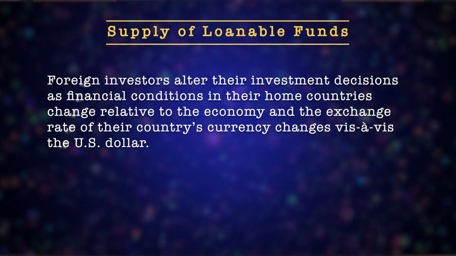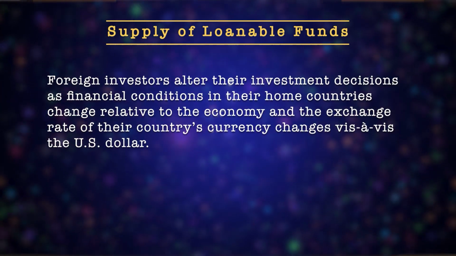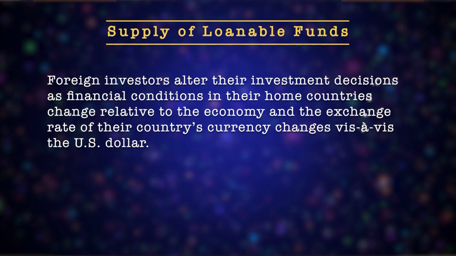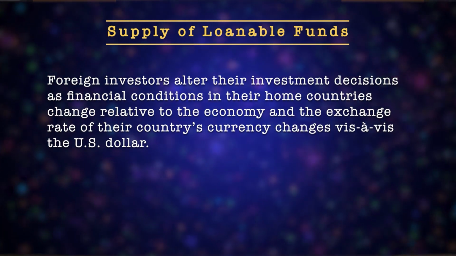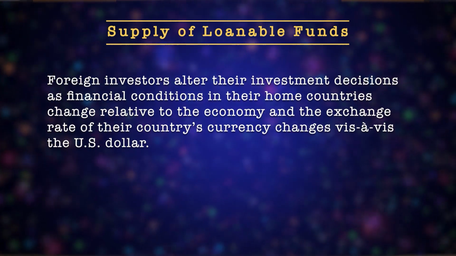So foreign investors alter the investment decisions in the home country and the exchange rate, and that is how the rupee changes in exchange for the US dollar. These fluctuations in the exchange rate are also captured by the foreign investors, and that is how the home countries actually behave.